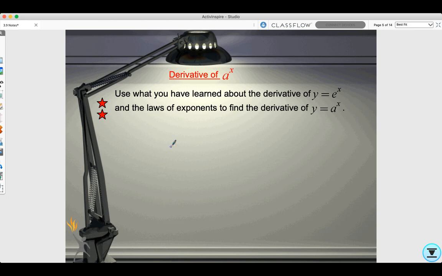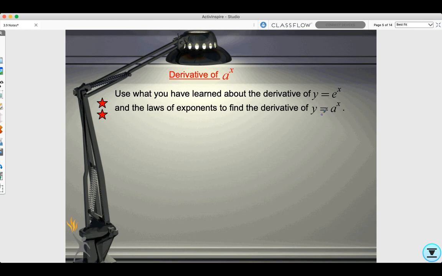Let's find the derivative of a to the x. Use what you have learned about the derivative of y equals e to the x and the laws of exponents to find the derivative of y equals a to the x. So we know that we could use our laws of exponents, they're talking about logs here. So I know if I took something like the natural log of a to the x, that x could come down to the front, okay?